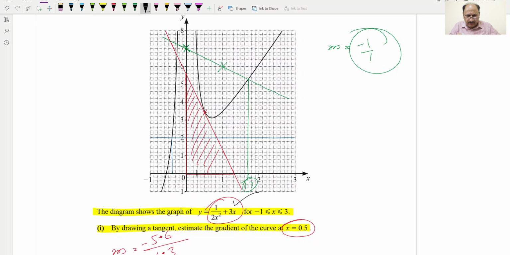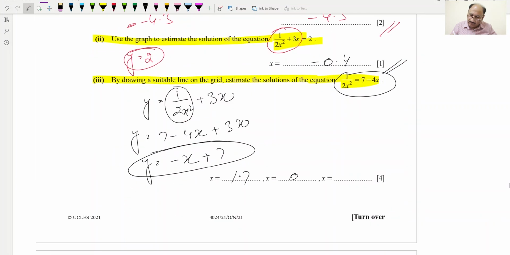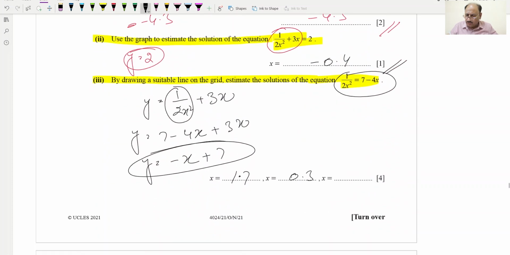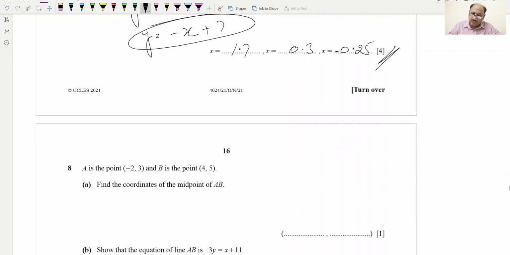So we can draw this line also, 0.3. So 0.3 is this reference which we can write, and the last answer, which is basically for this one, is 0.2 and a little more than 0.2, so we can write it as minus 0.25 or 0.2. That is okay. Even if you are writing 0.2, it will be fine. Now this was a 4-mark question which we are done.